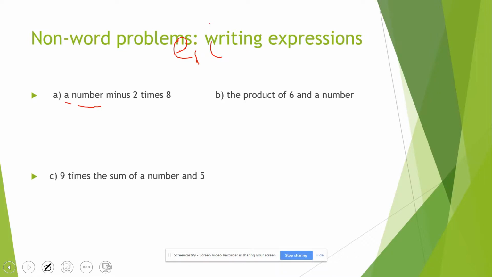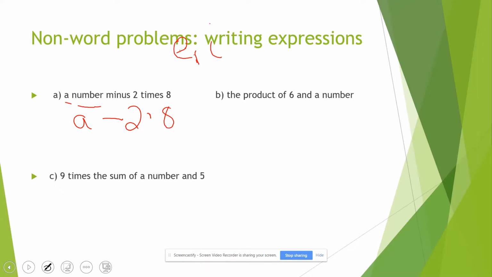So maybe for this, I'll pick A. So a number A minus, subtract, 2 times 8. Times thing there. And we're done.